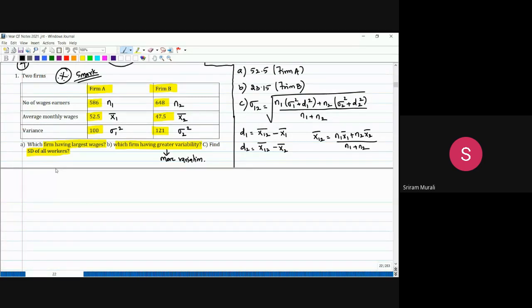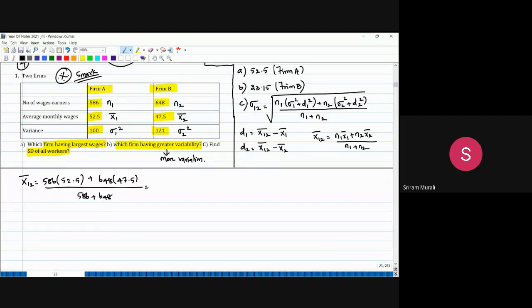So the combined mean x1 2 bar is equal to 586, that is n1, times x1 bar, 52.5, plus 648 into 47.5, divided by 586 plus 648.